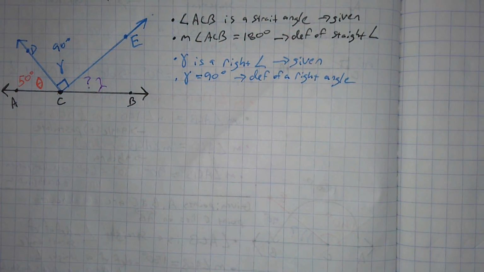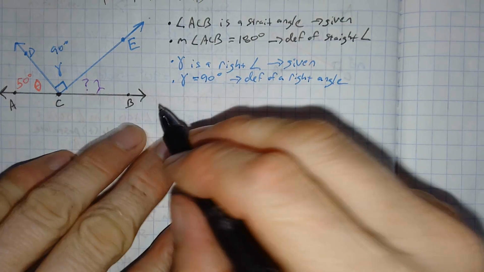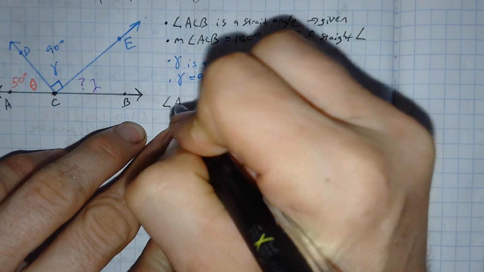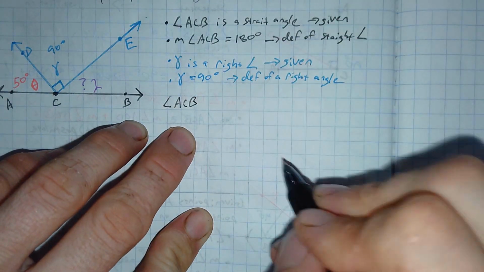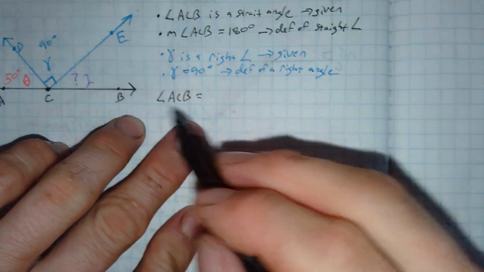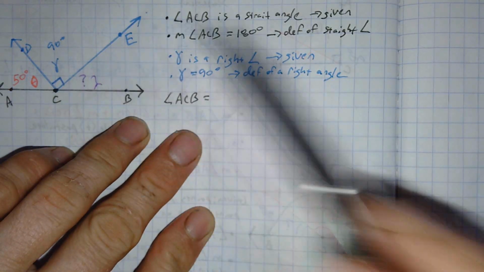All right, so now I'm going to make a relationship statement that's going to encompass everything here. My first relationship statement is that angle ACB, my 180 degree one, equals that angle plus that angle plus that angle, known as theta plus gamma plus lambda.